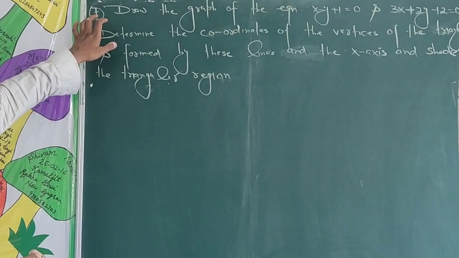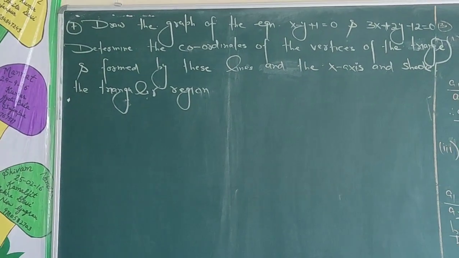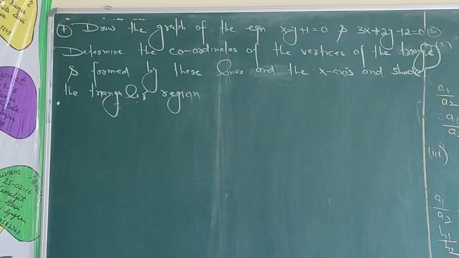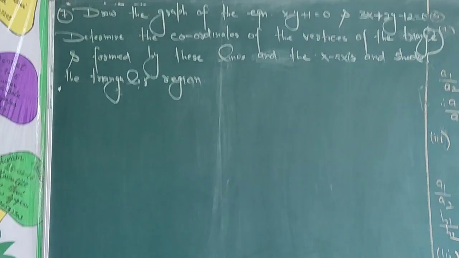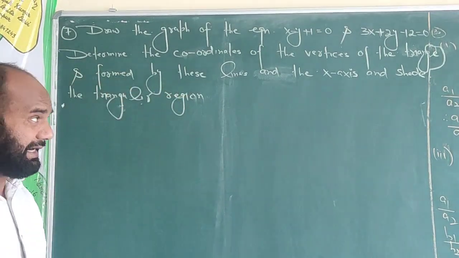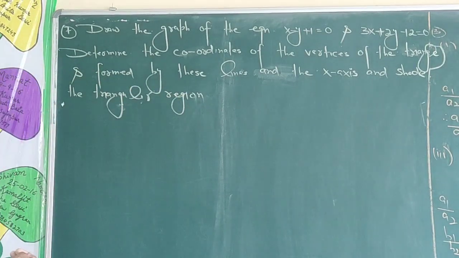Now the last question of this exercise is: draw the graph of the equations x minus y plus 1 equal to 0 and 3x plus 2y minus 12 equal to 0. Determine the coordinates of the vertices of the triangle formed by these lines and the x-axis and shade the triangular region.